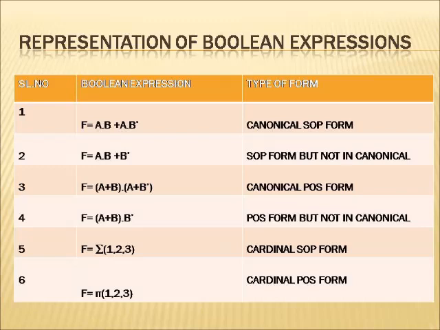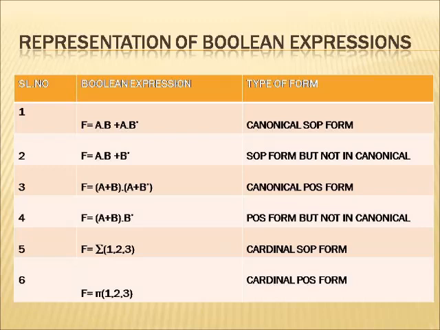You can see that a dot b plus a dot b bar is a canonical SOP form. Whereas in the second expression, f is equal to a dot b plus b bar, this expression is in SOP form. We can say it is in SOP form but not in the canonical form.